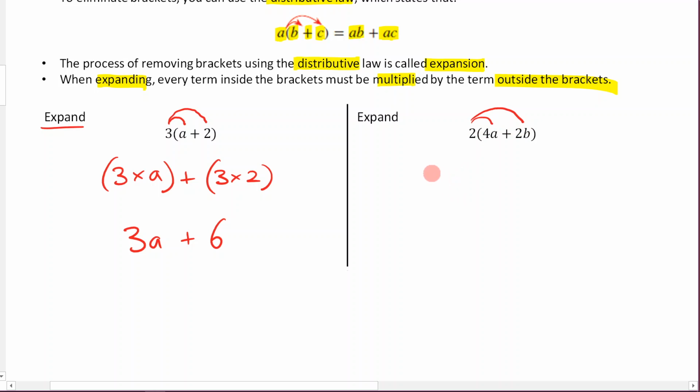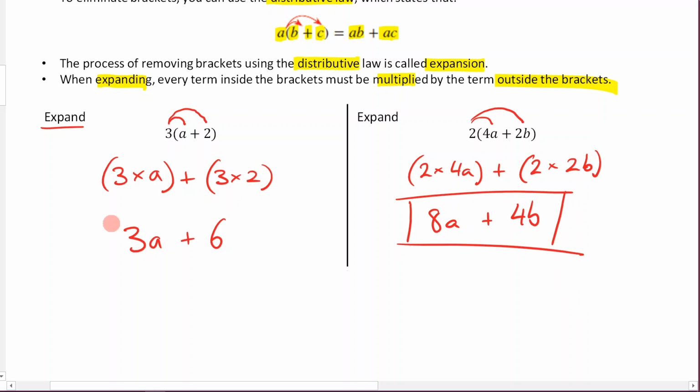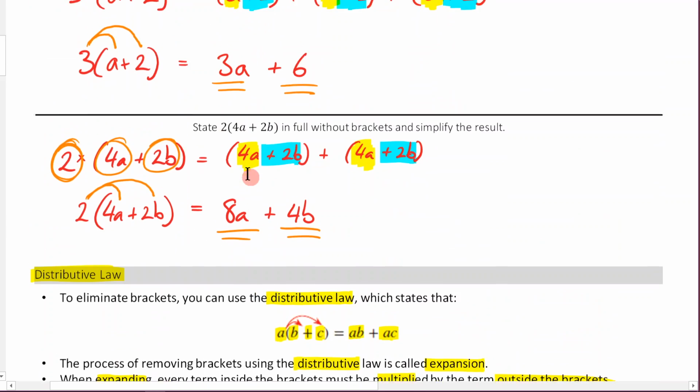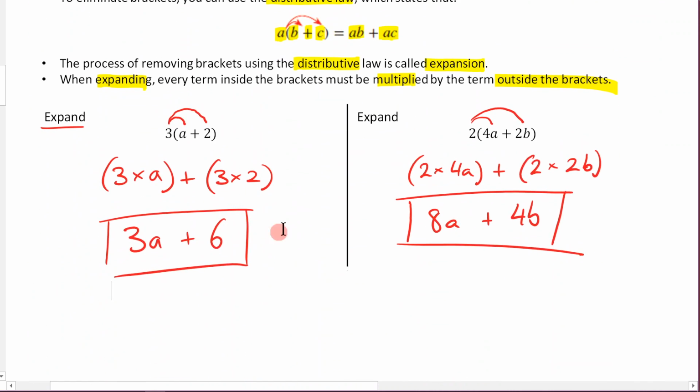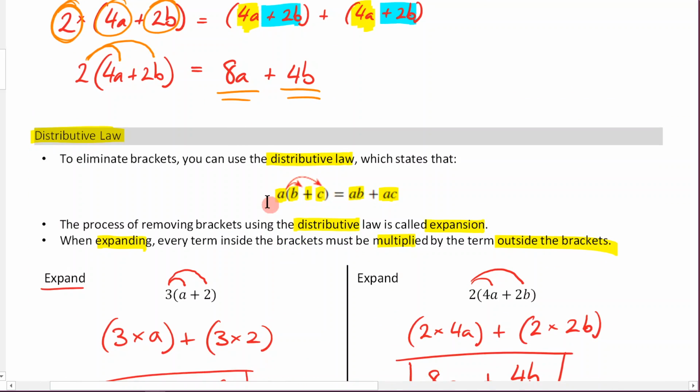So make sure you put in those lines. 2 times 4a plus 2 times 2b. So that's going to be equal to 8a plus 4b. And as you can see, these two expressions that we have found are what we found up here. And I think you would agree with me that this is a more efficient way of going about it than what we did up here.